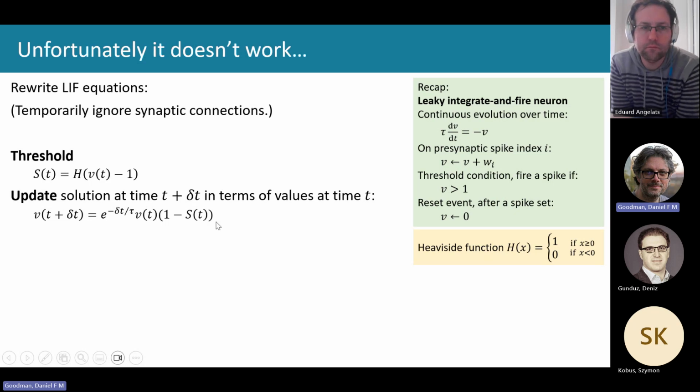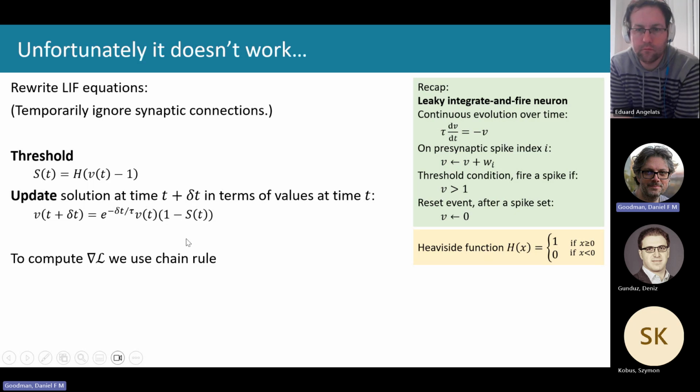So this multiplied by 1 minus s of t will give us a 0 in the output. So it resets to 0 after firing a spike. Whereas if v of t was less than the threshold, s of t will be 0, and this multiplication will just leave it unchanged. Right? So that's a way we can encode this reset, this threshold, and this update all into these two equations.